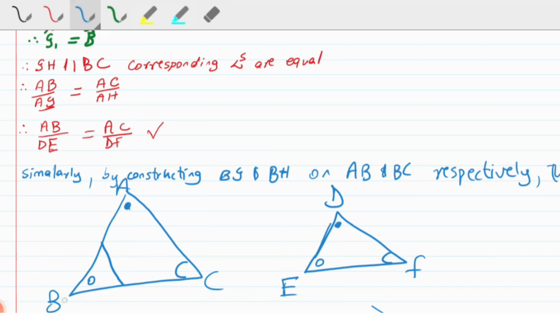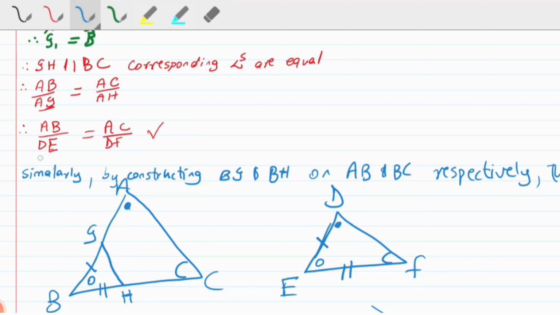G is still on AB, but now H is on BC. We mark off BG with ED and mark off BH with EF. So you will see that we're following the same logic.